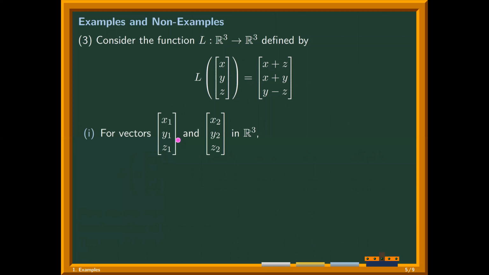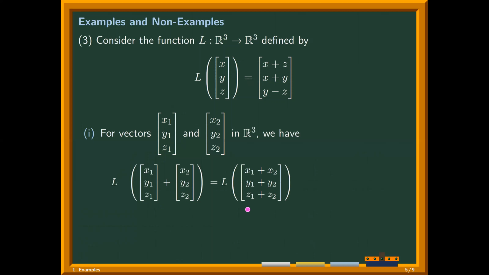So for the first condition, we take two arbitrary vectors in the domain, x1, y1, z1 and x2, y2, z2, and compute L of x1, y1, z1 plus x2, y2, z2. So we just perform vector addition first before we apply our definition for L. So with x equal to x1 plus x2, y equal to y1 plus y2, z equal to z1 plus z2, this is equal to the vector with components as shown.